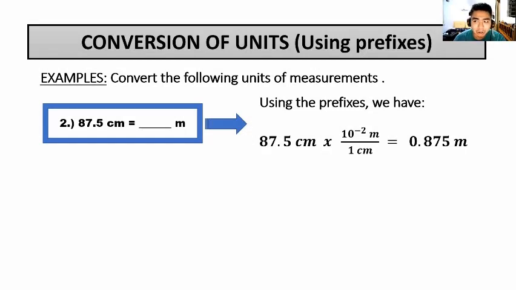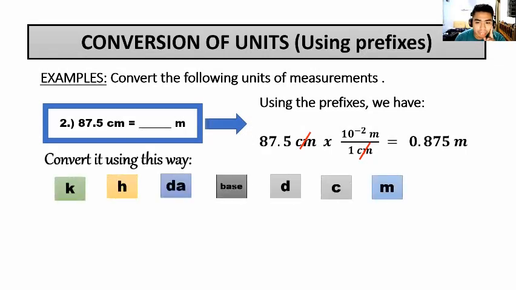Pero baliktad dito, ang 1 cm is equal to 10 raised to negative 2 meter. So given natin 87.5 cm times 10 raised to negative 2 meter over 1 cm, 0.875 meters. So cancel ang unit na cm.